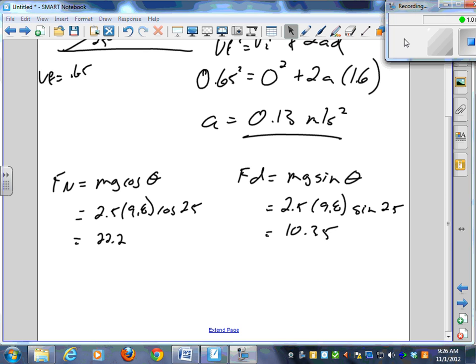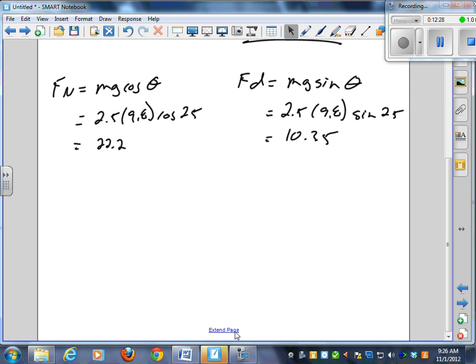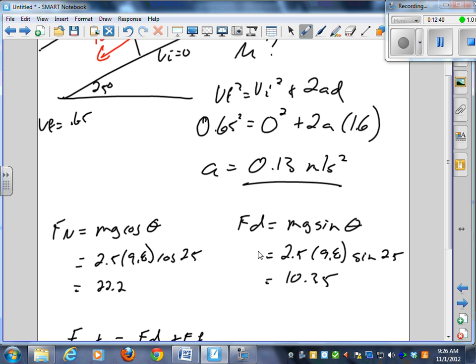All right, so what I'm going to do is, F net is equal to FD plus FF. The F net, oh, I don't have that yet, do I? I've only got my acceleration. So here's what I'm going to do.